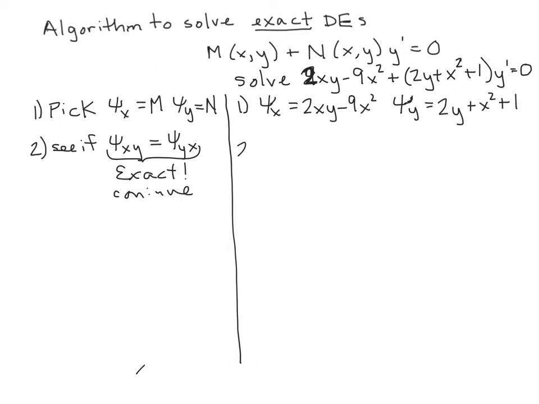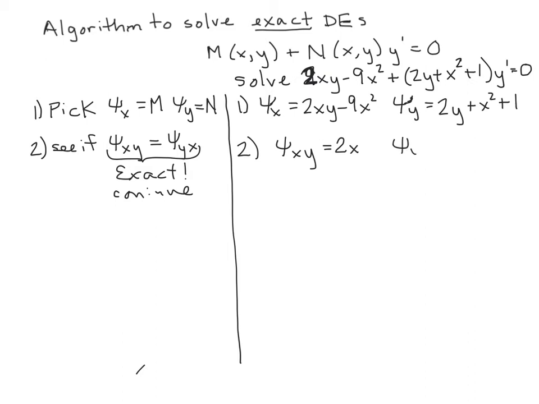All right, so here's the second step. We take this psi sub x that we have up above, and we're going to take the partial with respect to y. And that means that x is just some constant. So if we have a constant out in front of y, its derivative is 2x, and that means 9x squared is a constant, and derivative of a constant is 0.